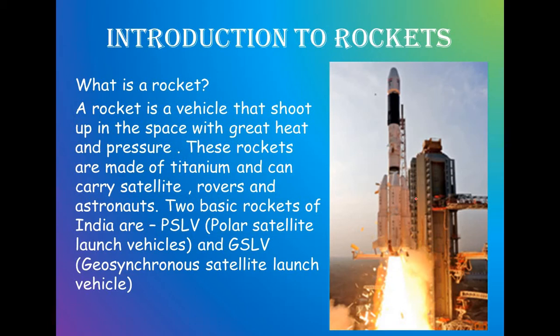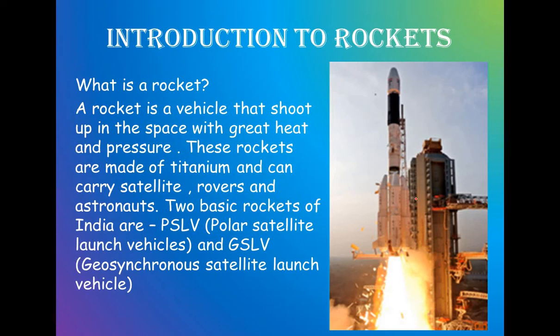Then there are two basic rockets in India, PSLV and GSLV. PSLV is the Polar Satellite Launch Vehicle and GSLV is the Geosynchronous Satellite Launch Vehicle. PSLV is a very lightweight rocket, and it cannot carry many supplies or go beyond.